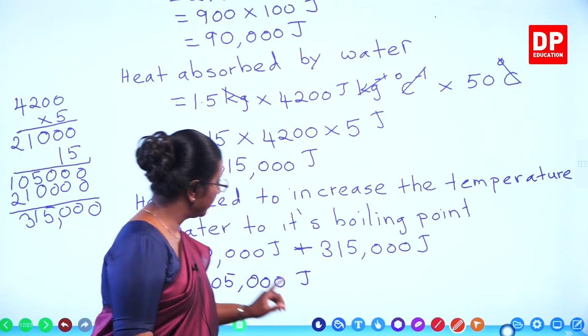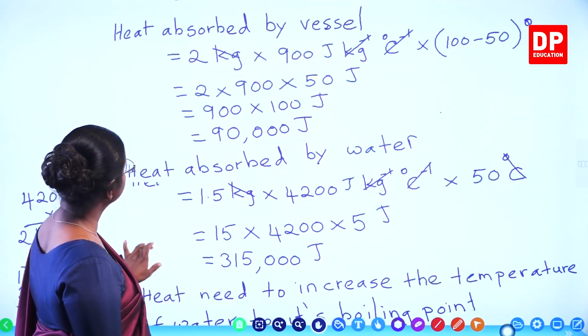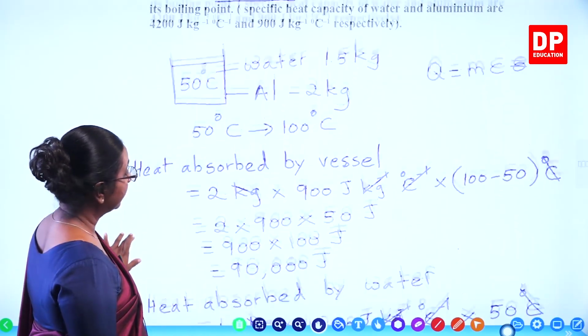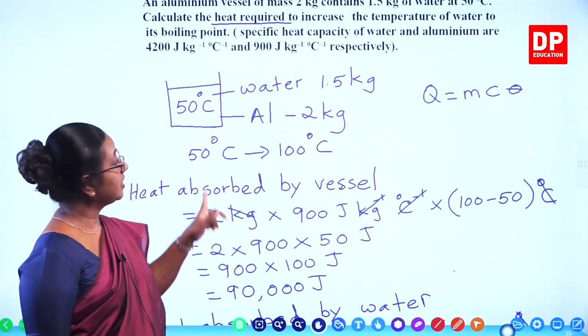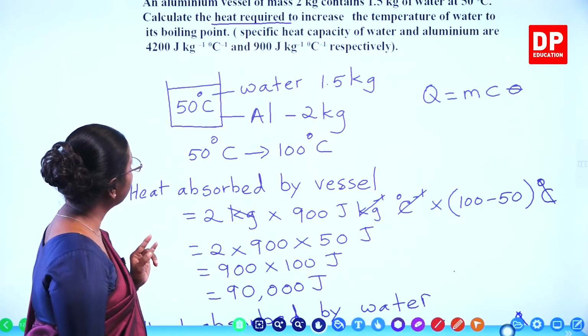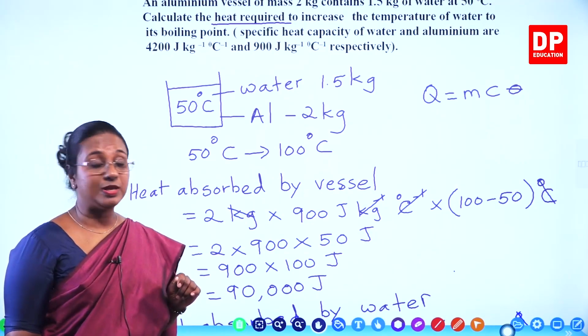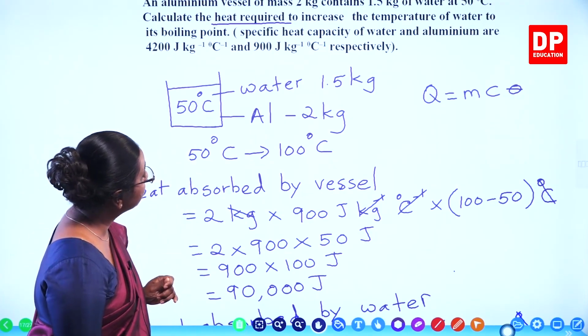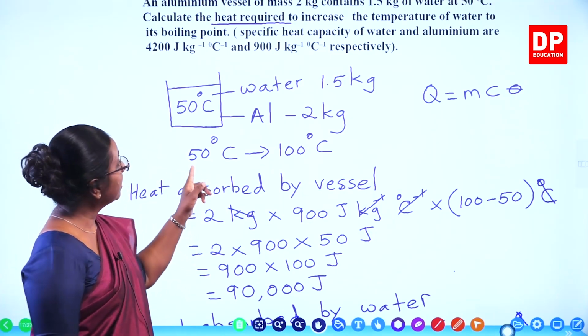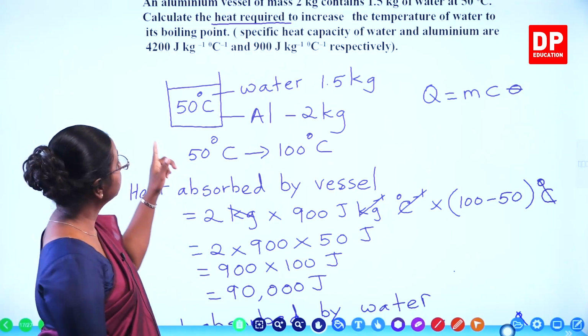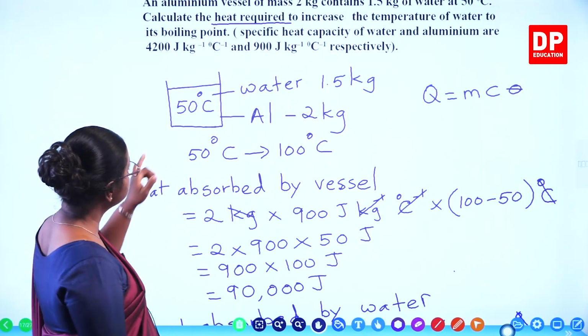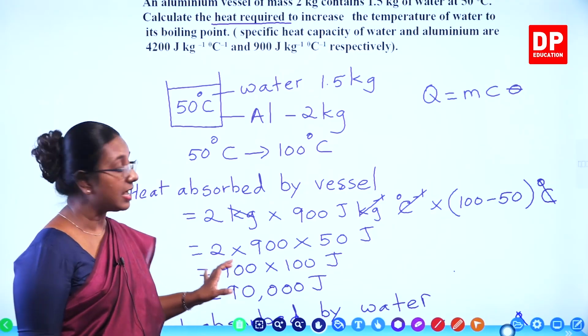So I am sure you would have done the calculation correctly. Just we will go back and check. So here you can see initially there is water at 50 degrees Celsius in an aluminium vessel. The weight of aluminium, repeat, the mass of aluminium is 2 kilograms, water is 1.5 kilograms. The specific heat capacities are given.